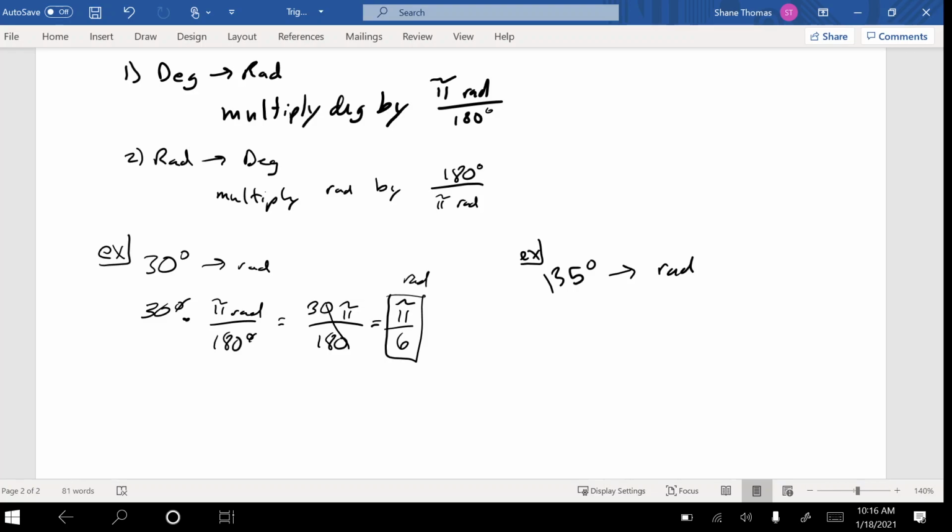Okay, let's check it out. I get 135 multiplied by pi over 180, right? So it's 135 pi over 180. And if I simplify that, that is actually going to come out to 3/4. So I'm guessing we messed up a little bit in our simplifying. But yeah, that would be 3 pi over 4.